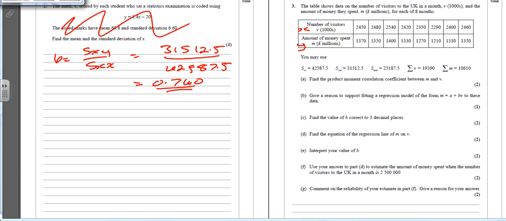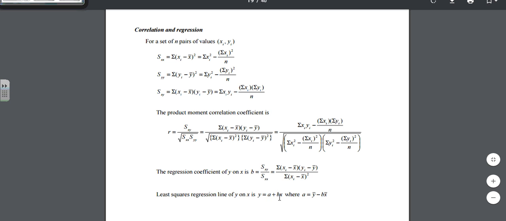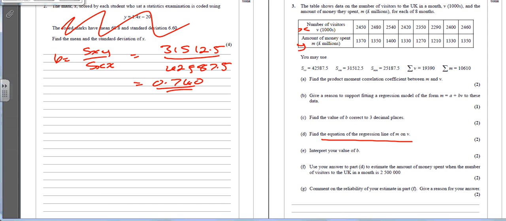But now we've got to find the equation of the regression line of m on v. So again, we have a look at our regression line: y equals a plus bx. We've already got a value of b. And a was y bar minus b x bar.